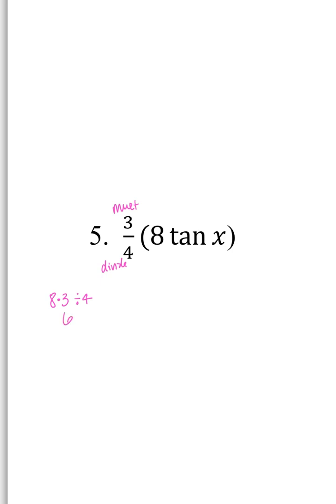And if I do it the other order, if I do 8 divided by 4 and then multiply by 3, that's 2 times 3, that's still 6. Okay, don't let the fractions throw you off. The top number means multiply and the bottom number means divide. So when I put those all together, doesn't matter which order you do it, the answer here is just 6 tangent x.